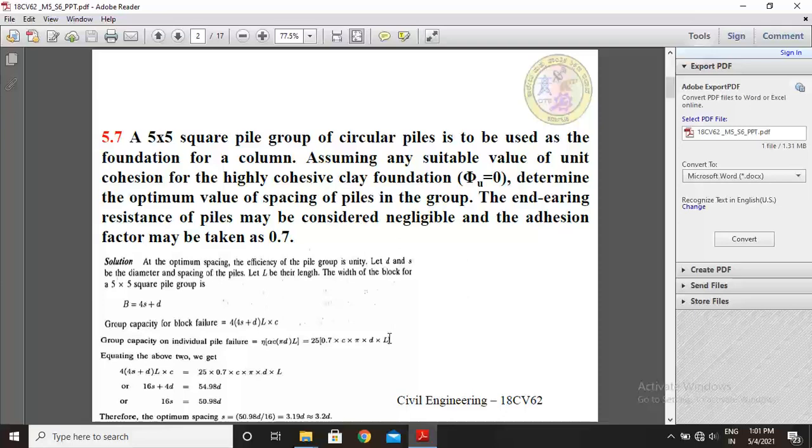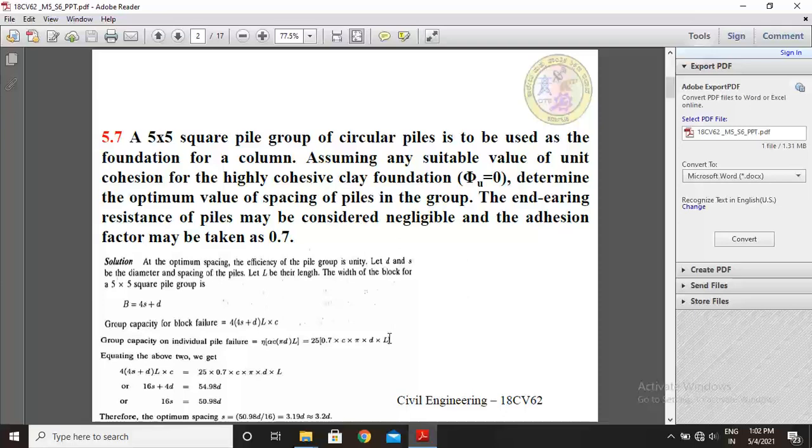So here substitute the values. N is 25, alpha is 0.7, C is as usual, pi into D as usual into L. So these are the relations.